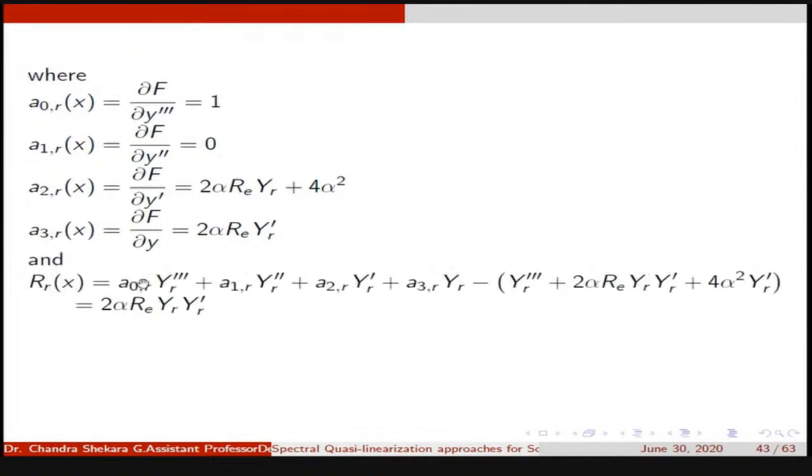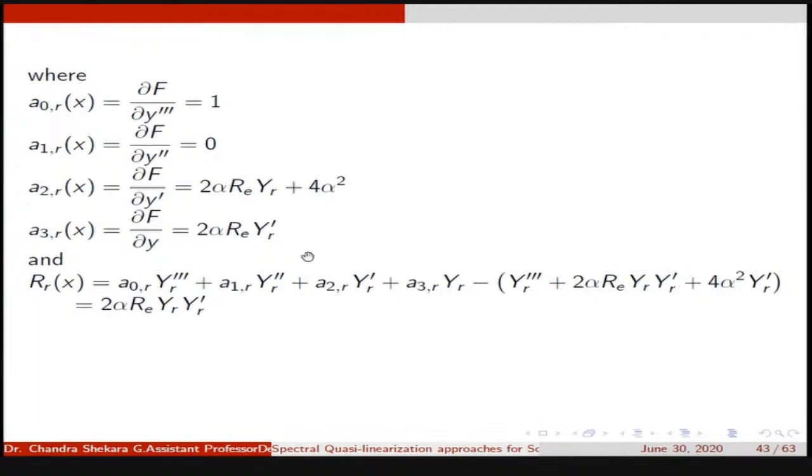Then computing the right hand side term. This is the expression of the differential equation at the rth iteration minus the given differential equation at the rth iteration. If you simplify this, you can check that a0r is 1 and the y r triple dash gets cancelled. Similarly, there is no y double dash r, so this term will go to 0. And a2r is 2 alpha Re times y r plus 4 alpha square, so taking this product with this, and here we have 2 alpha Re y y dash.